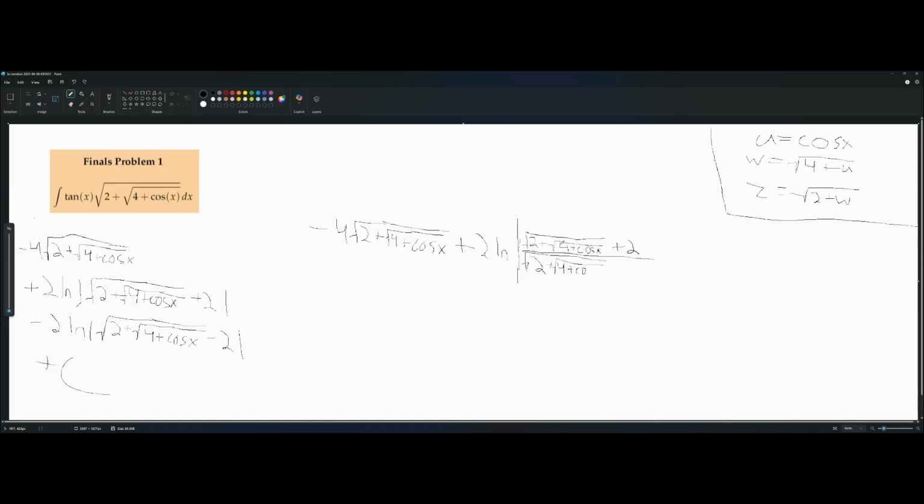Well, let me rewrite that. Cosine of x minus 2 plus c. And that, ladies and gentlemen, is our answer to this MIT finals problem.